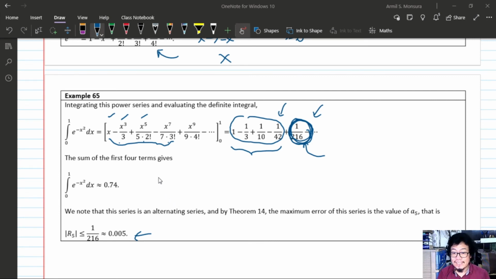And that is actually the idea behind this series. We are studying infinite series to represent functions, but basically these infinite series are used to approximate the values of these functions, especially in numerical computations.